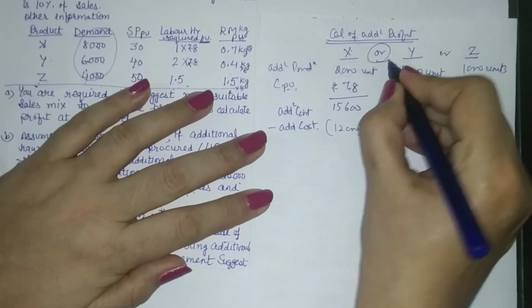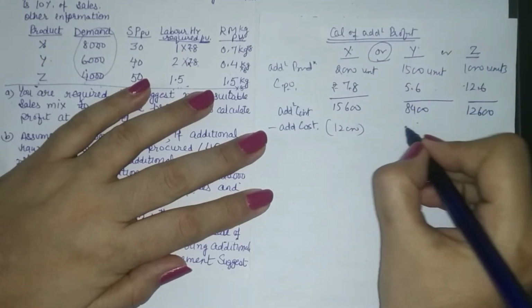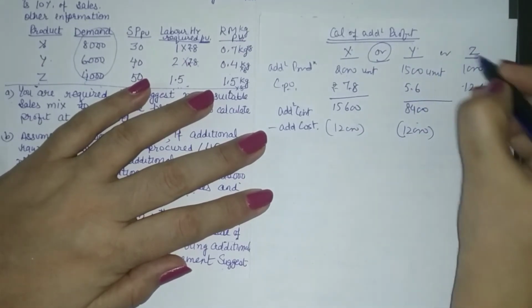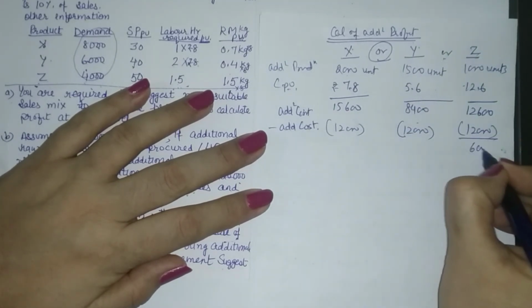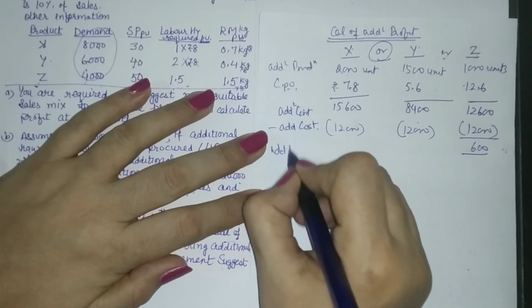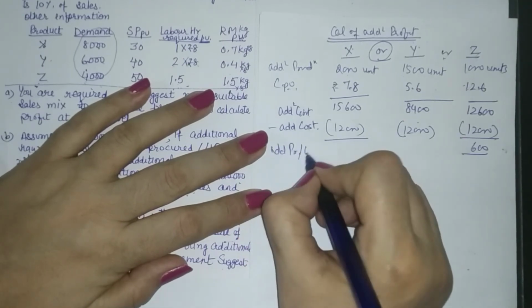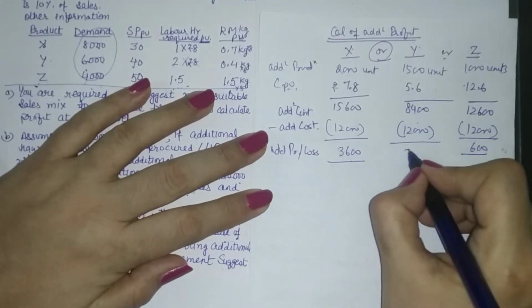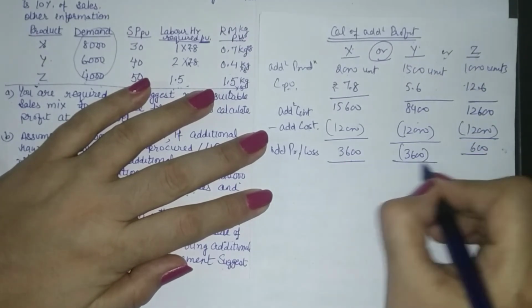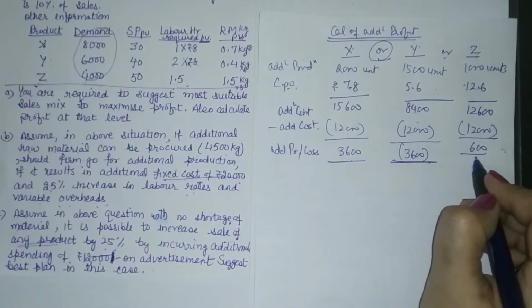Or you may go for Y. If you go for Y, you will have to bear the cost here. Or if you go here for Z, it will be bearing the cost. So what is our additional profit or loss earned? Okay, so what happens is X will give you profit, this is going to give you loss, so no way you can go for Y, and Z is giving you 600 of profit.